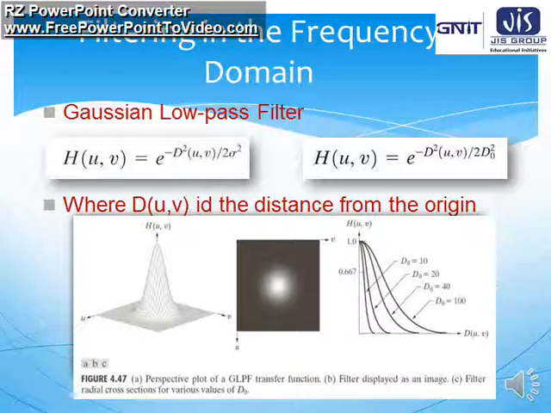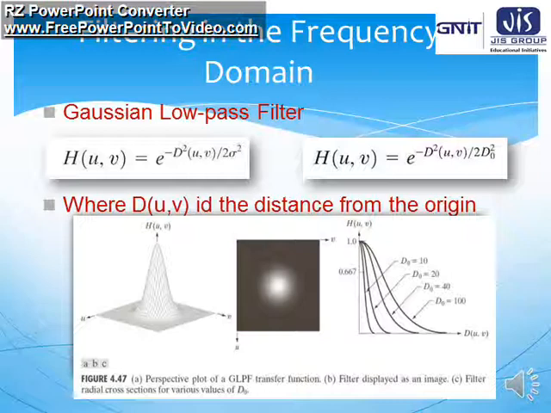If we move forward, this is the Gaussian low pass filter, where H(u,v) equals e to the power minus D squared(u,v) by 2 sigma squared, where D(u,v) is the distance from the origin.